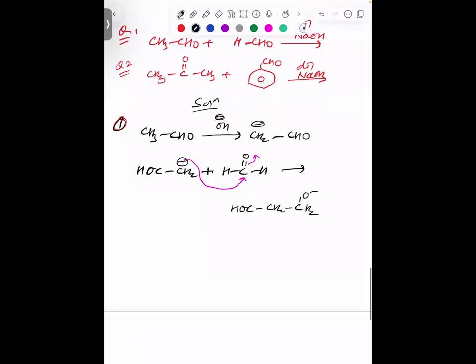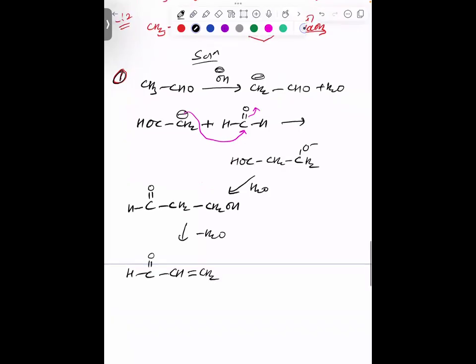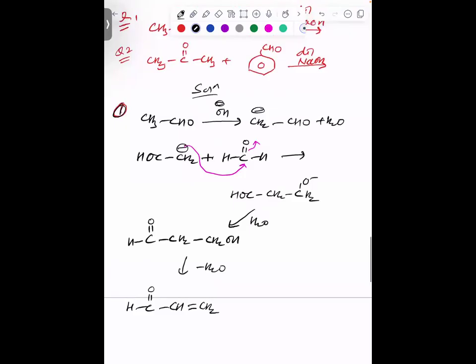Okay, so in the next step, in the presence of water, this is the compound. This can easily lose a water molecule to form the compound. Write down. This will be the conjugated product. So this one is complete.